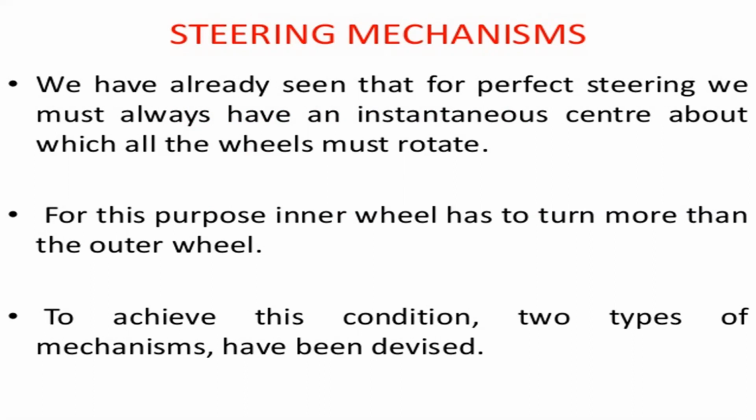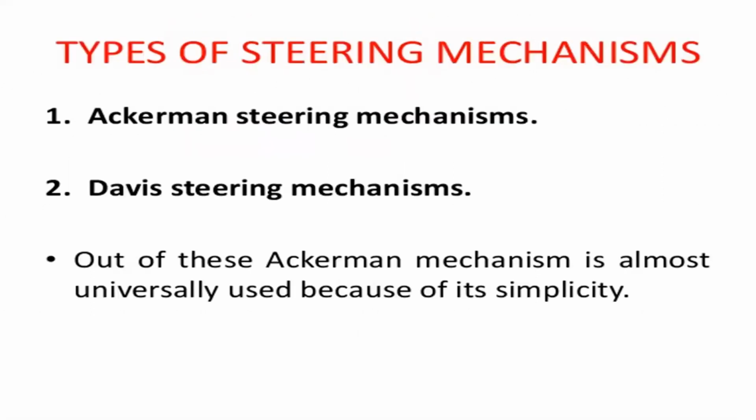To achieve this condition, two types of mechanisms have been devised: the Ackermann steering mechanism and the Davis steering mechanism. These are the two types of mechanisms we use in automobile vehicles.